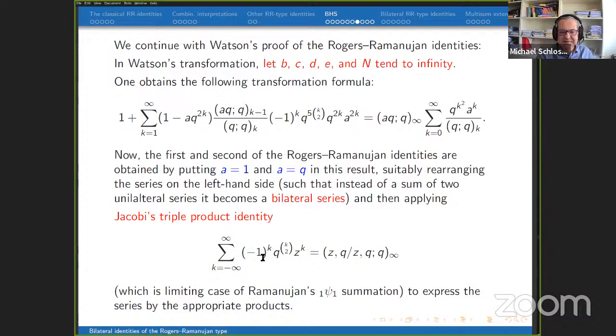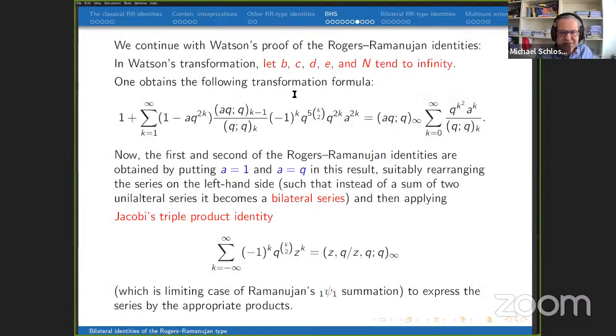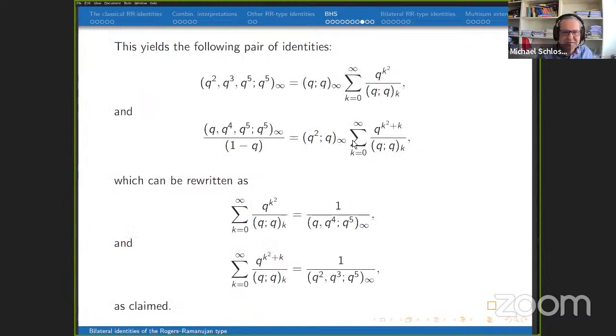And then you can obtain the result after applying the Jacobi triple product identity. You see here already the base, you have q to the 5, k choose 2. So you have already base q to the 5 here, and on the right-hand side, you have just base q. And for the second identity, it's similar. This you can rewrite in the form you want, with a series with constant term 1 and similar here.